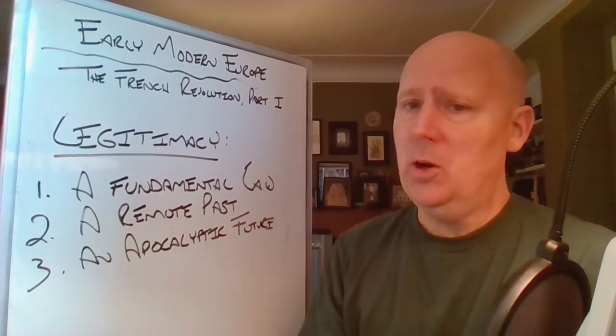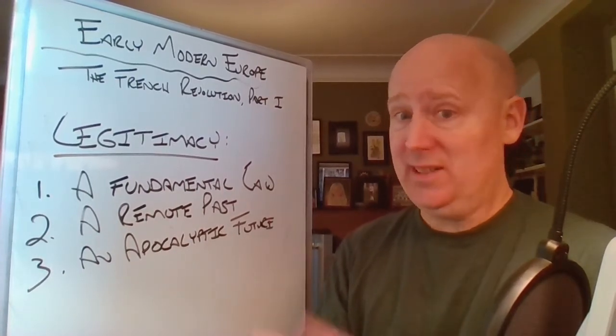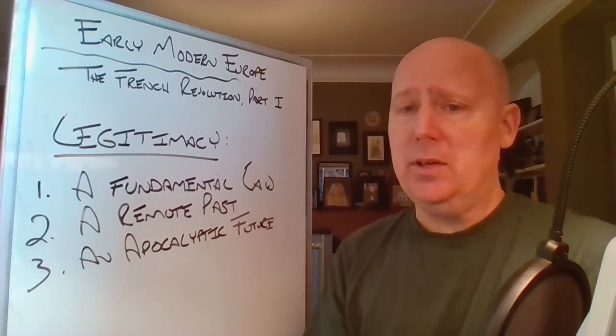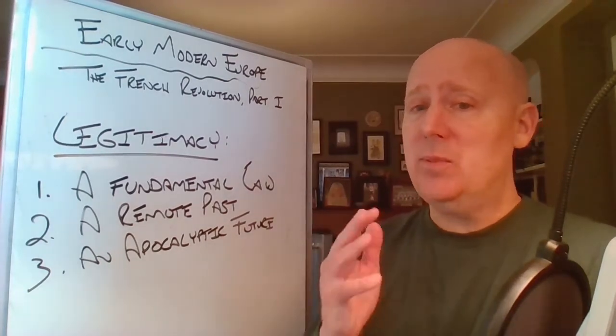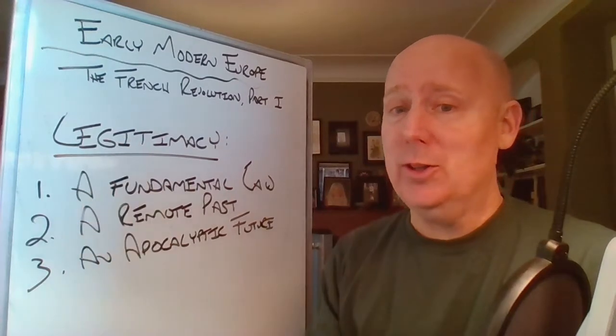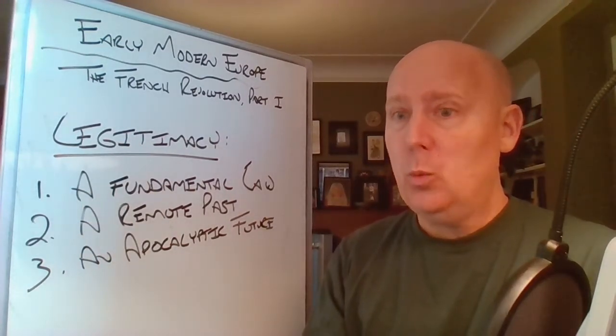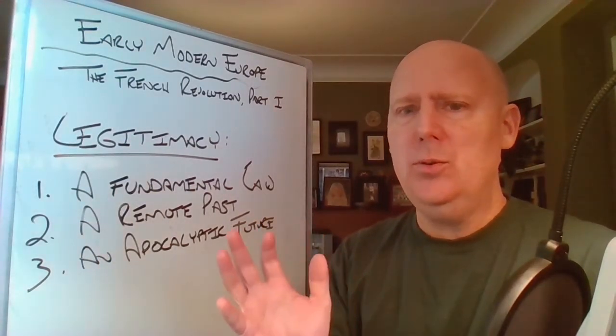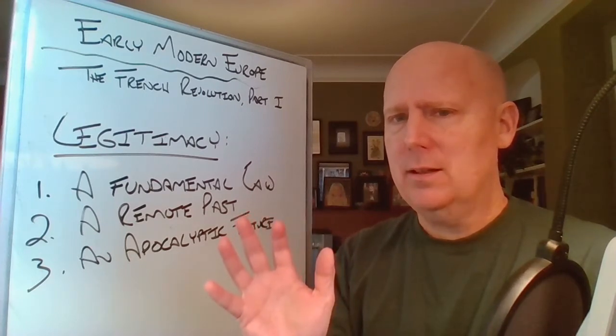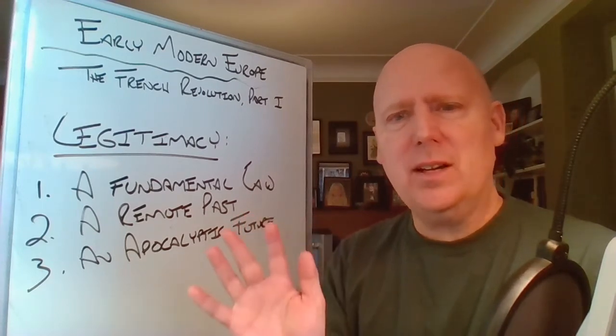I know, I'm no fun. I'm absolutely no fun, but that's just the way it is. An apocalyptic future means that something has been revealed, and that's what we're going to create. We're going to create something new, something different, something perfect.